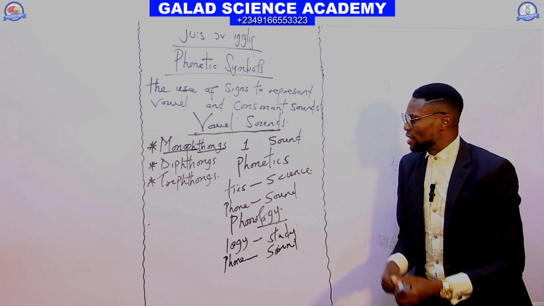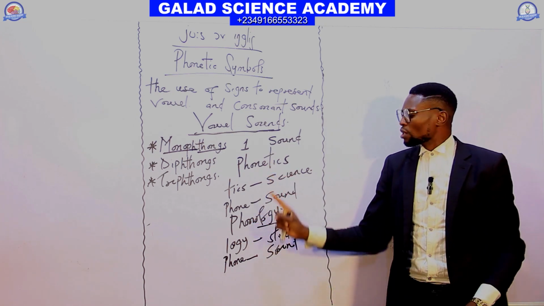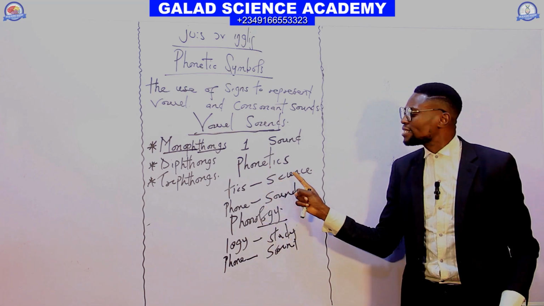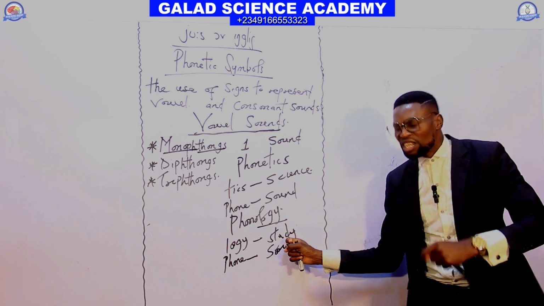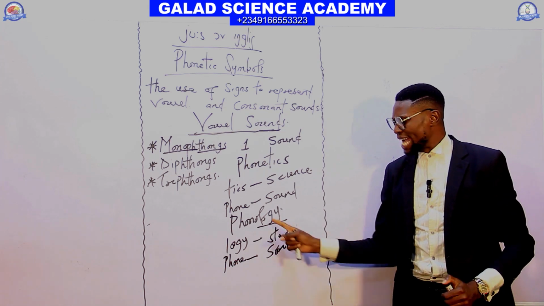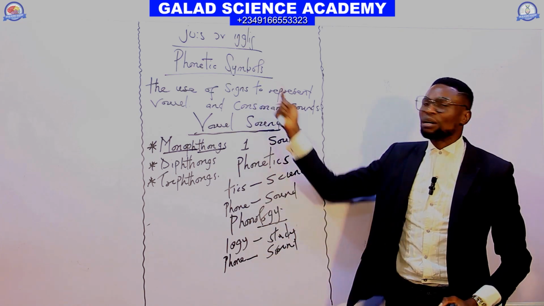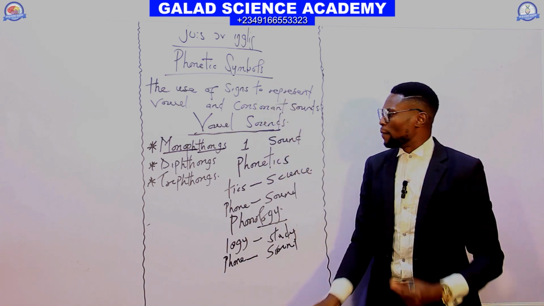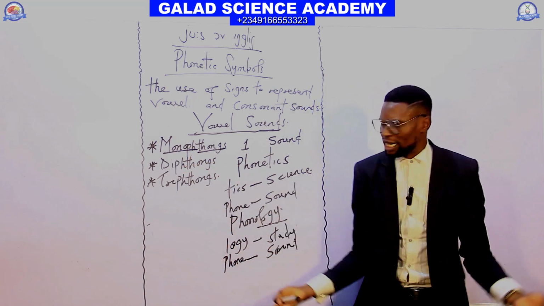So what differentiates phonology from phonetics is that phonetics is the science of sounds, while phonology is the study of sound. When I talk about phonology, we are talking about how these sounds are produced under the monophthongs, under the diphthongs, and under the consonant sounds.